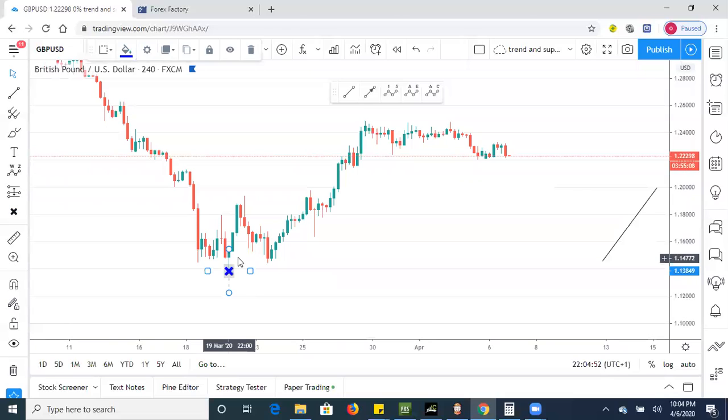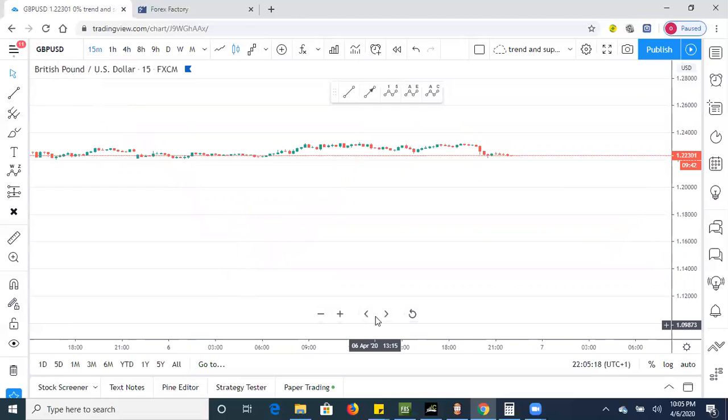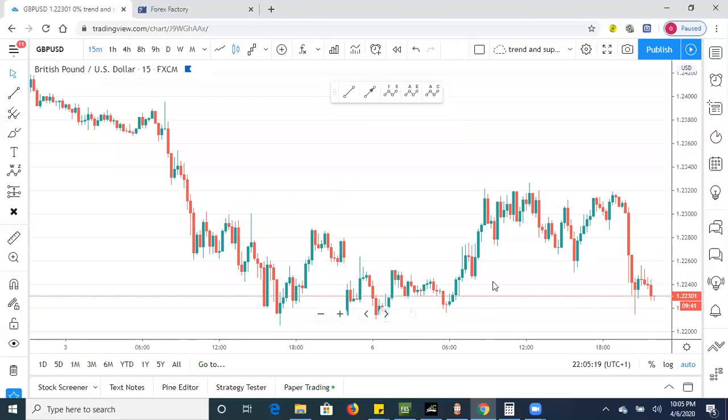And price gave 3 candles to the upside. And this is a 4-hour chart, by the way. So this is 12 hours of moving in a particular direction. This is not enough to say that price is in a bullish trend, right?